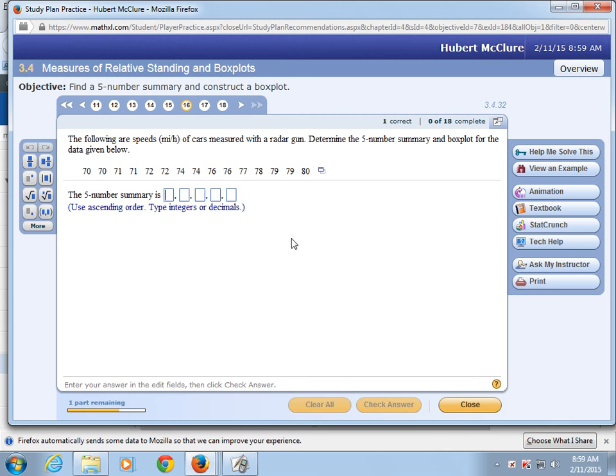The following are speeds of cars measured with a radar gun. Determine the 5-number summary and box plot for the data given below. First of all, I want you to put the data in order. It's already in order. But I want you to find the 25th percentile, the 50th percentile, and the 75th percentile.